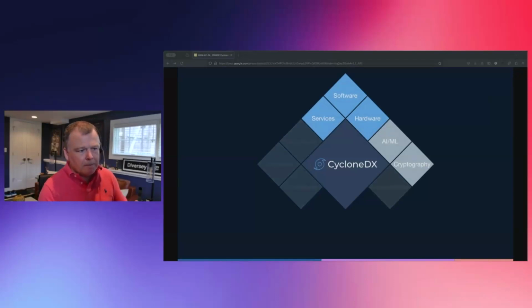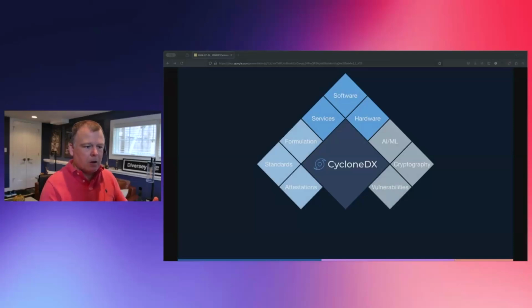In fact, the bill of materials aspects of CycloneDX really encompass just the services, software, hardware, AI, ML, and cryptography. As we want to inventory more things, we can theoretically add those things in the future. But the rest of these really have nothing to do with bill of materials.